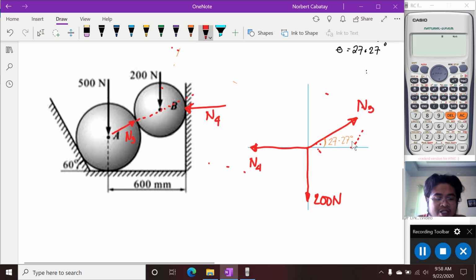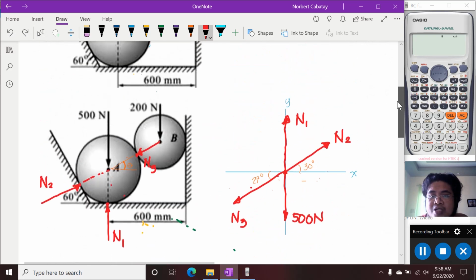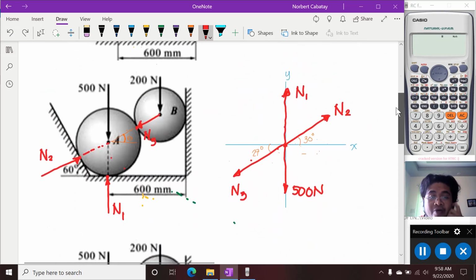Ngayon, saan ako mag-start mag-solve, sir? A piece of advice, dun ka lagi mag-start mag-solve sa kokonti ang unknown. Kasi kung papansinin nyo po, balik ko lang ito, nabura ko. Kung papansinin nyo po, dito, tatlo yung nawawala.